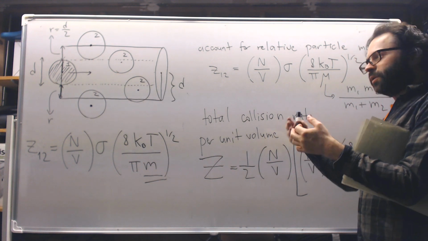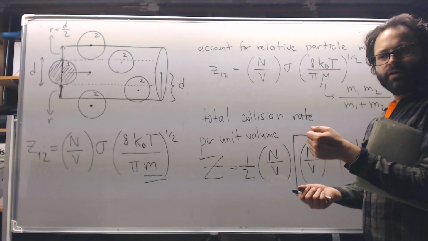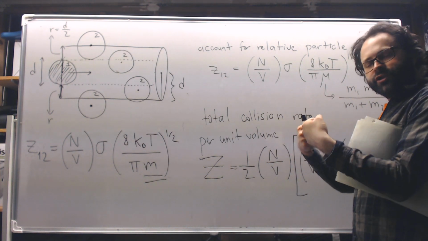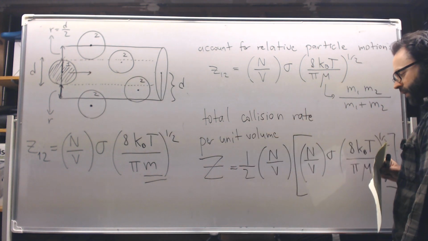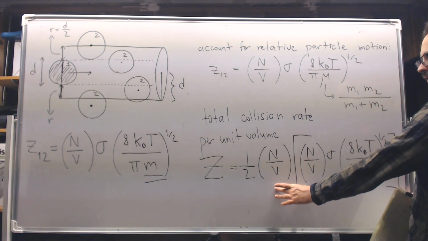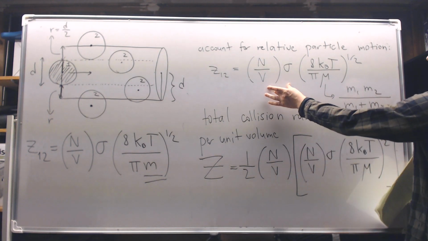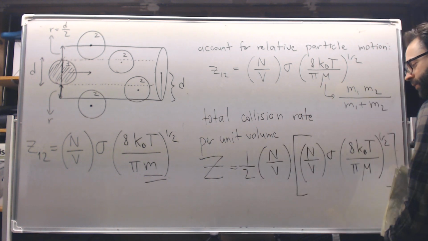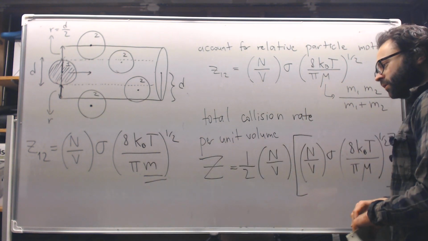So by multiplying the collision rate by n, we are overcounting by a factor of 2 because we're viewing each collision from both sides, whereas it should be viewed just once. And so by dividing by 2, we correct for our overcounting. And so this is the total collision rate. It goes as the square of the density. The density occurs twice, first in the single molecule collision rate, and then in the collision rate for all the molecules. And so that's the total collision rate.